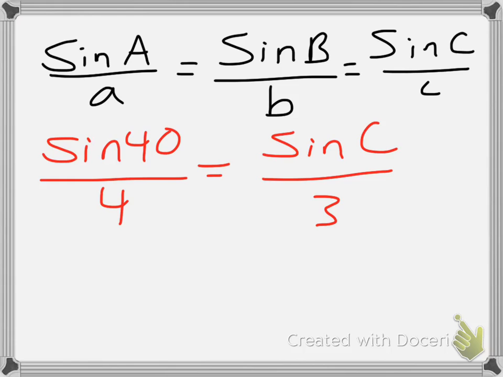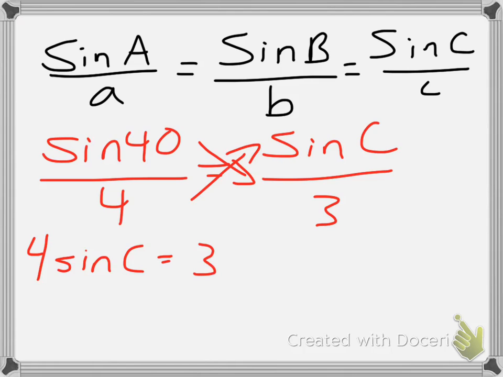So when I solve, I will cross multiply. And I'll have 4 sine of C is equal to 3 sine of 40, which means to solve for C, I'll divide each side by 4.